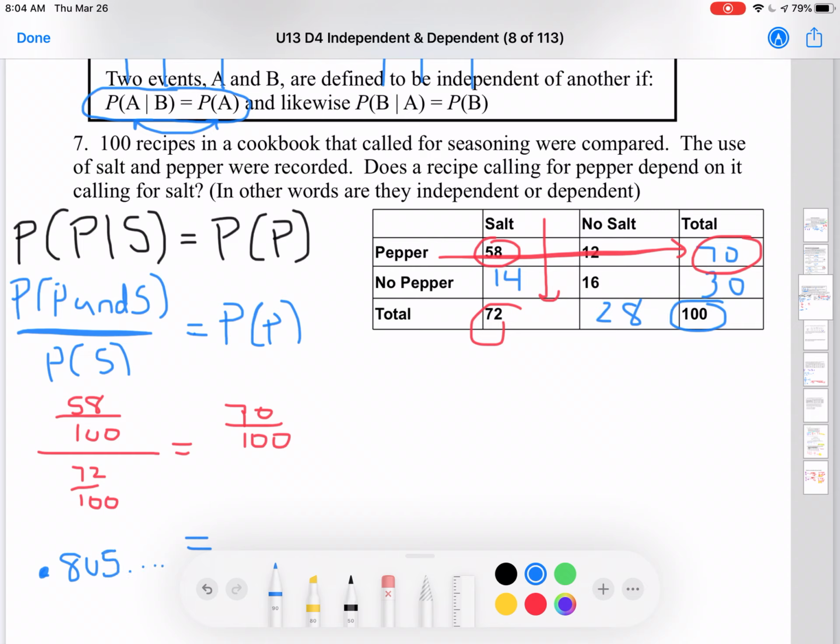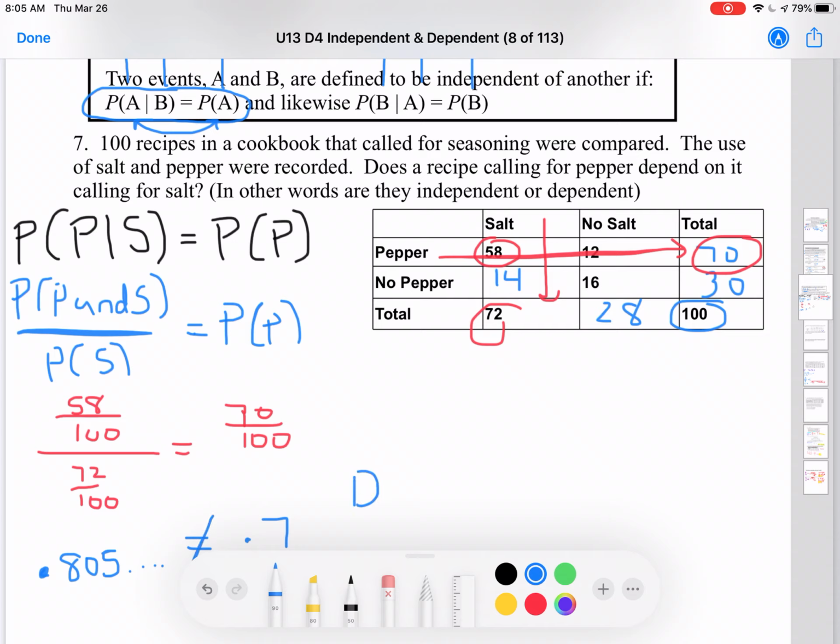Turn the right-hand side into a decimal, and you're just going to compare the two decimals. So are they the same or are they different? These two do not equal each other. These two are different, and then we use the symbol. See these three dots? The three dots stand for therefore. These are different, therefore dependent.